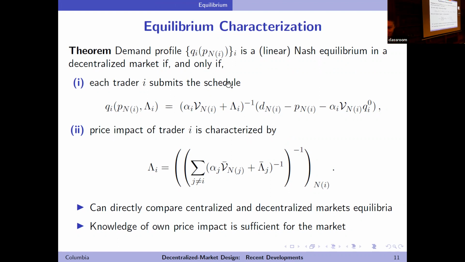Each trader submits a demand schedule defined by equalization of marginal value with marginal payment, given his assumed price impact, lambda I, which matches the slope of his residual inverse supply, defined by aggregation of demand submitted by others. That's what the second condition is saying. Here we are simply projecting back the price impact on the assets traded by agent I.